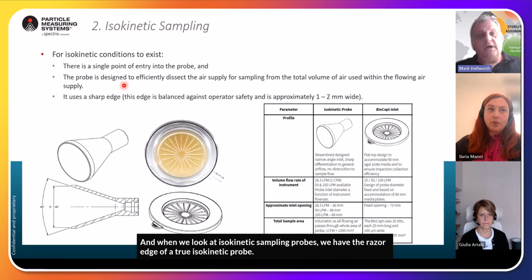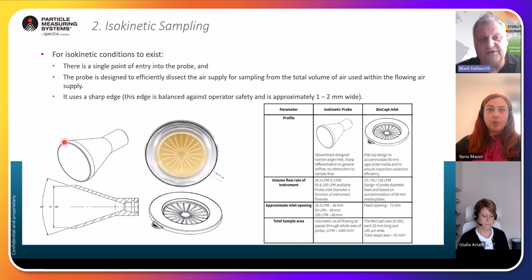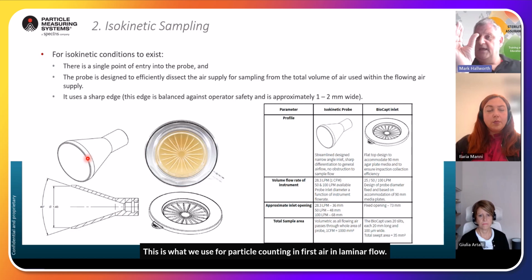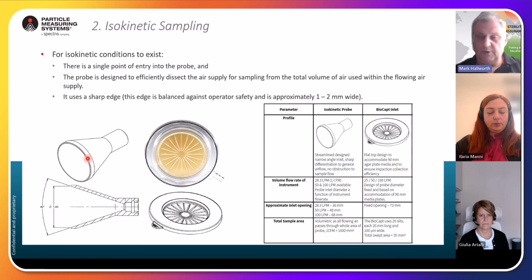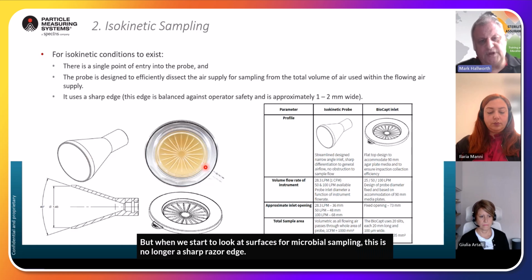And when we look at isokinetic sampling probes, we have the razor edge of a true isokinetic probe. This is what we use for particle counting in first air, in laminar flow. They were designed for 0.45 laminar flow rates. But when we start to look at surfaces for microbial sampling, this is no longer a sharp razor edge.